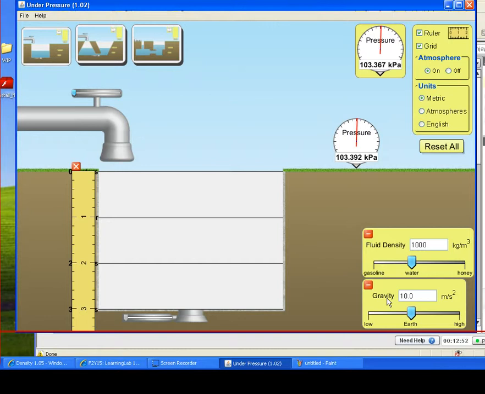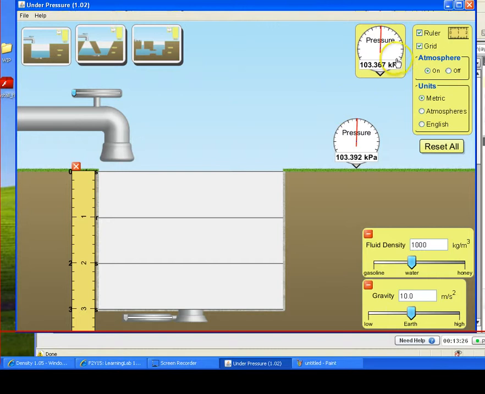Remember, pressure of any fluid is given by rho g h, where rho is the density of the fluid, h is the height of the fluid column, and g is the acceleration due to gravity. So if we've increased g from 9.8 to 10, we should get a higher level of atmospheric pressure also. Do we agree with that? It's just because we've changed the value of g. Okay, so that's the reason.